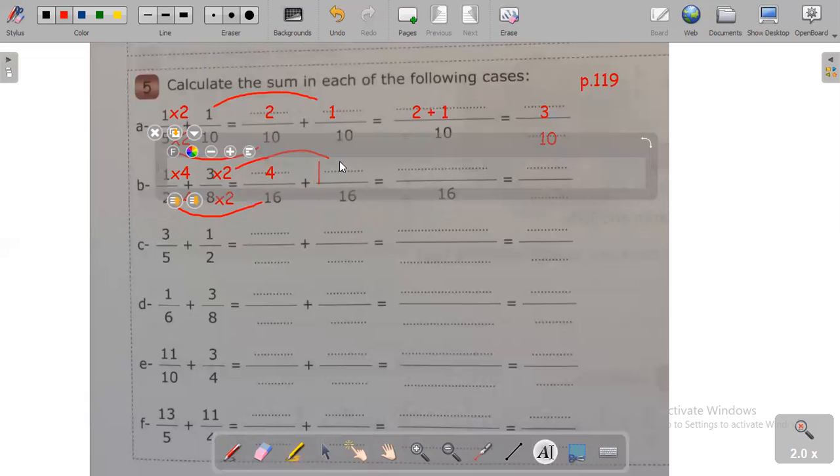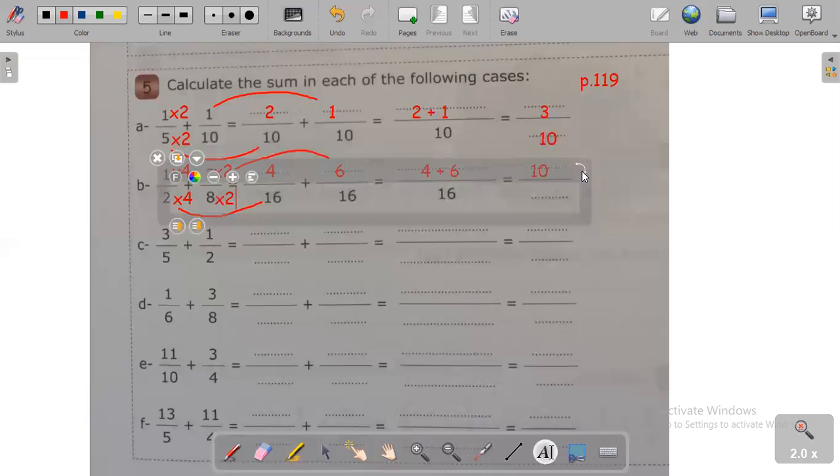So we get 6/16. Now we add the numerators and we keep the denominator. 4 plus 6 equals 10. So the answer is 10/16. The denominator does not change. So 16th.